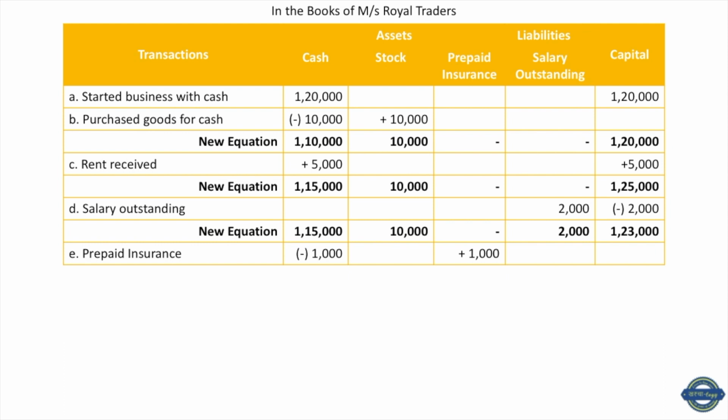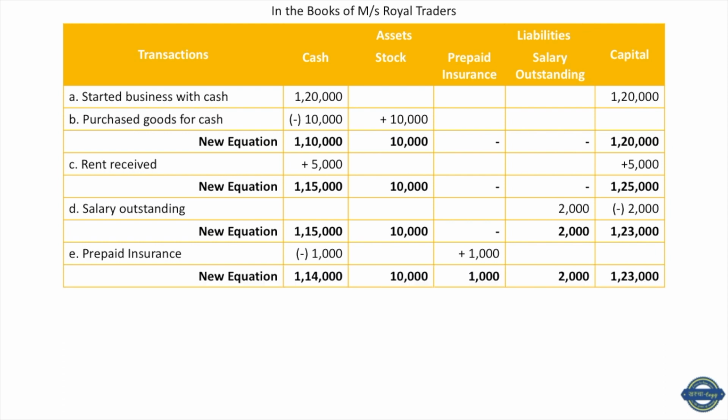This is a short-term advance because this is an expense of the next accounting period. So this is an asset for us because we have already paid this amount and this amount has not been expensed yet. That is why we will add this into the asset column for rupees 1,000.